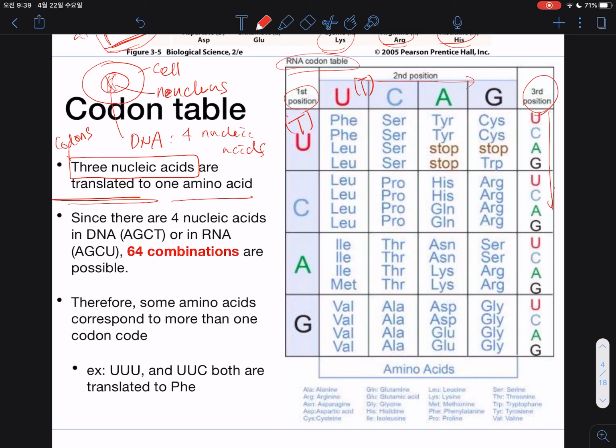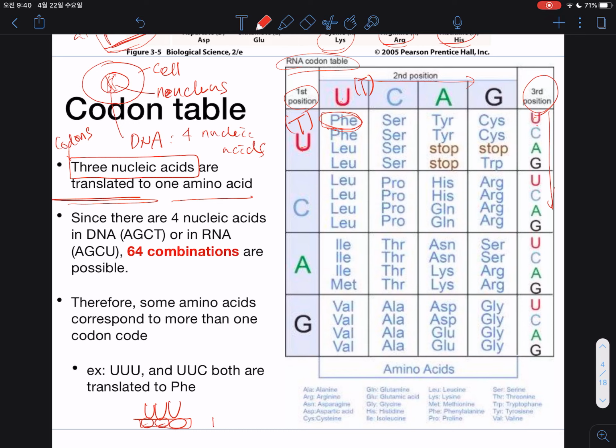For example, if the sequence is ordered in DNA like this, then this is translated to phenylalanine. So the first one is U, the second one is U, and the third one is U, then it is translated to phenylalanine.